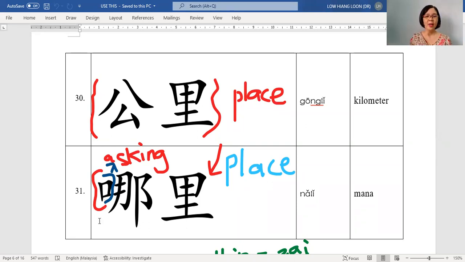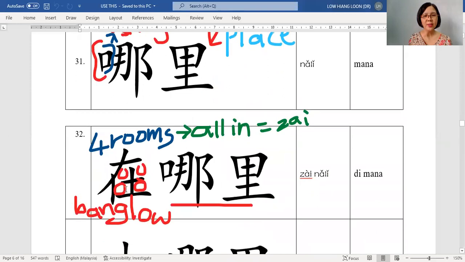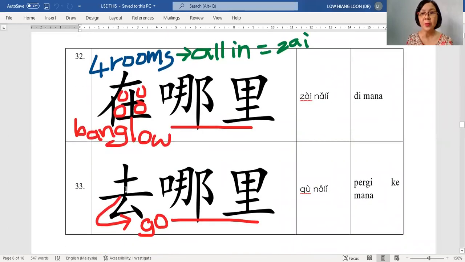Okay. 好的，老师 will continue a little bit more because they are from the same group. So you know already this Nali. You need to differentiate the 在 and the 去. 去 you already know. 老师 already told you. Okay. When the arrow from here, you go there. So this is go. So 去哪里? Kemana?